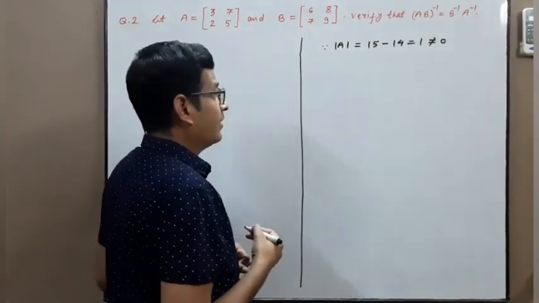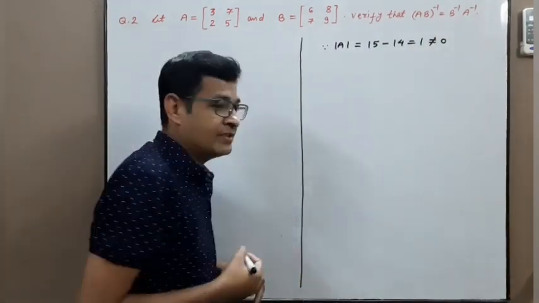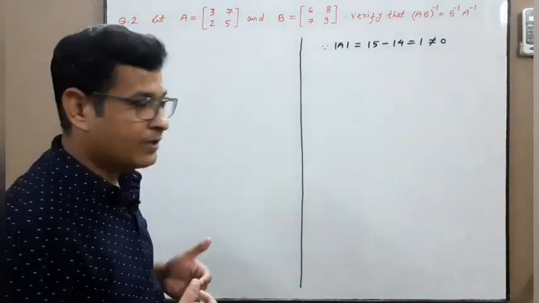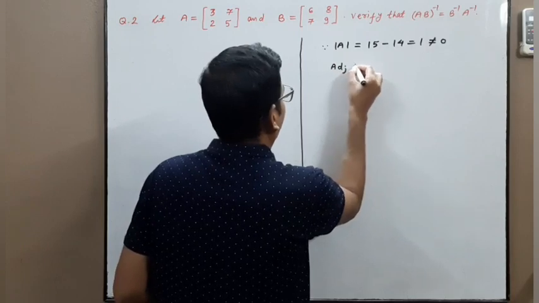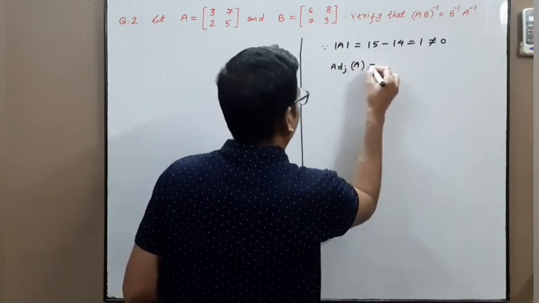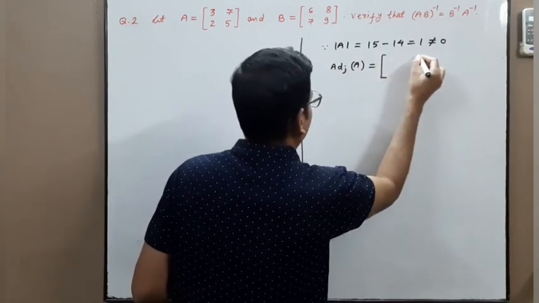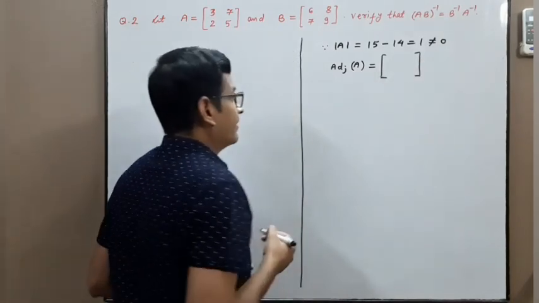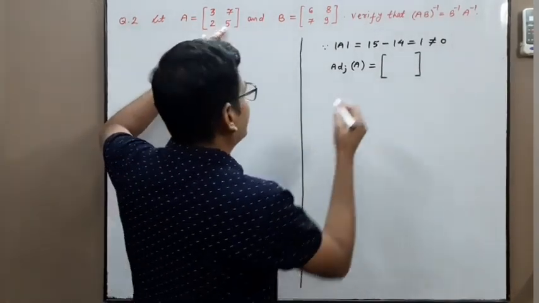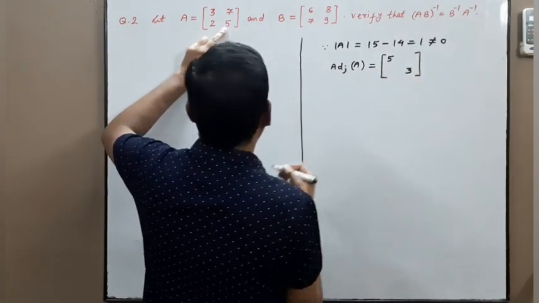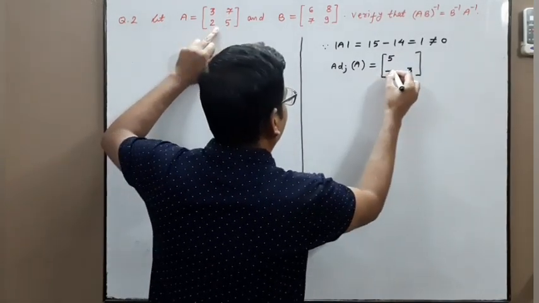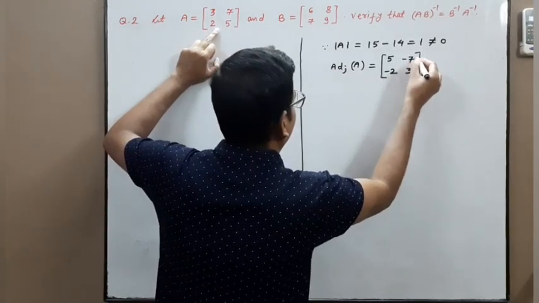Now find cofactors of the matrix, meaning we have to find the adjoint. This is a 2 by 2 matrix, so write directly. Adjoint A is equal to, how can you write adjoint A? Interchanging principal diagonal elements, write 5 here and 3 here, and change the sign of the remaining elements, minus 2 and minus 7.